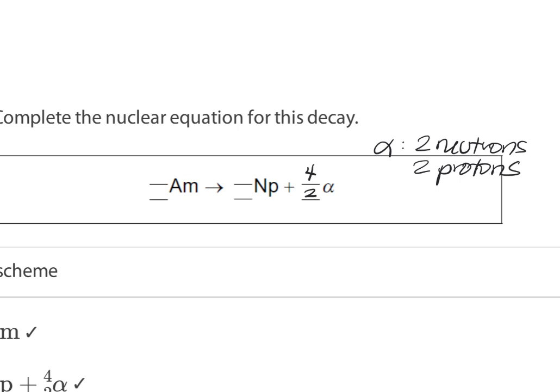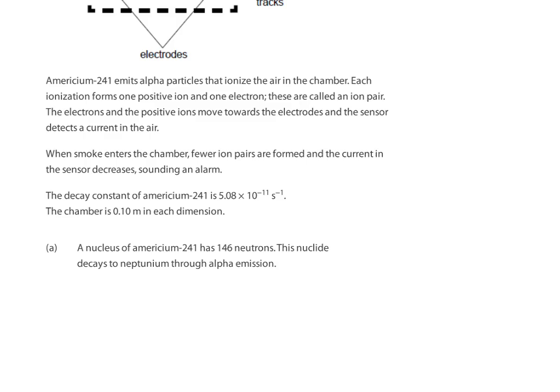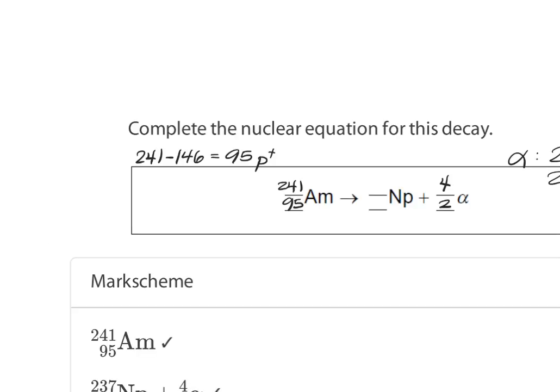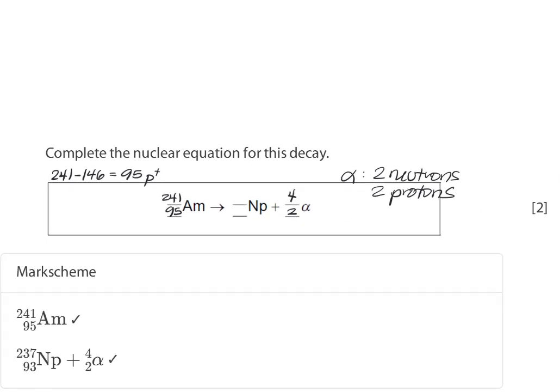Now, as for the americium, it's americium-241, so that gives the nucleon count, and it has 146 neutrons, so based off of that, we can get the amount of protons. So there are our numbers for americium. And knowing americium and the alpha particle is just basic math to get to the neptunium.